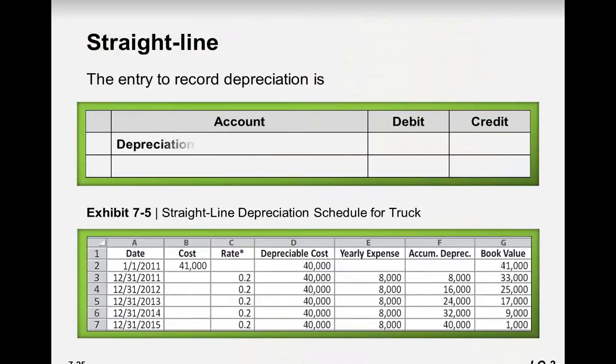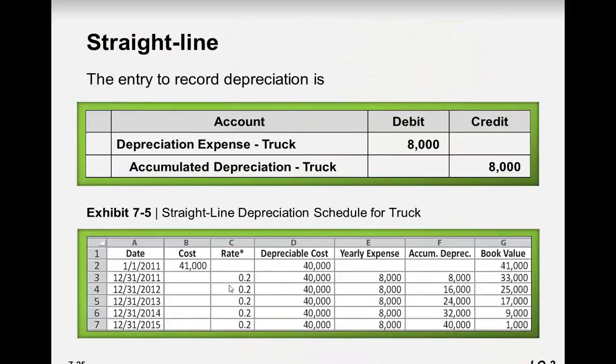Every time you do the entry for depreciation, it will be depreciation expense as your debit because expenses increase on the debit side, and your accumulated depreciation will be your credit. Accumulated depreciation happens to be a contra asset account. The word contra means opposite. So if an asset normally increases on the debit side, a contra asset would be credited to increase, which is what's going on here.